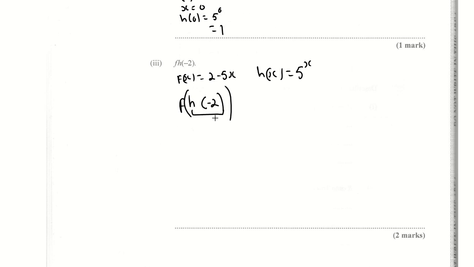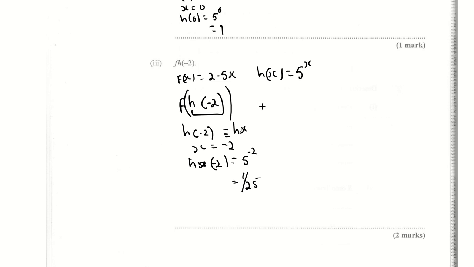Let's do the brackets first. H of minus 2 equated with h of x. We can see x is equal to minus 2. So h of minus 2 would be 5 to the power of minus 2, which is equal to 1 over 25. Yeah, let me make sure. 5 to the power of minus 2 is 1 over 25 or 0.04, whichever one you want to put.